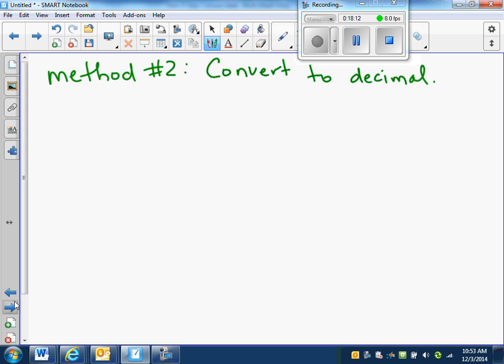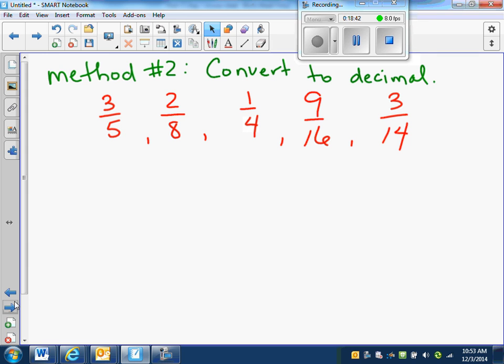If you convert it to a decimal, so if we take a bunch of numbers, if we had 3/5, 2/8, 1/4, 9/16, and 3/14. Here, I think you'd have a much harder time trying to find a common denominator.